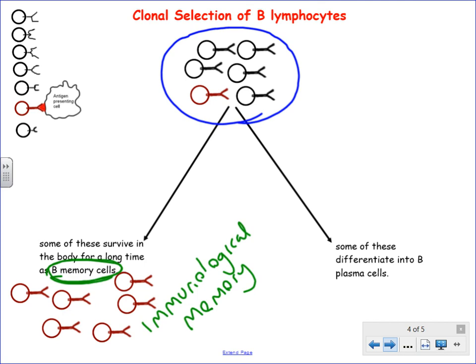Other B lymphocytes will specialize. They will differentiate into what we call B plasma cells. And I'll explain the role of B plasma cells on the next slide.